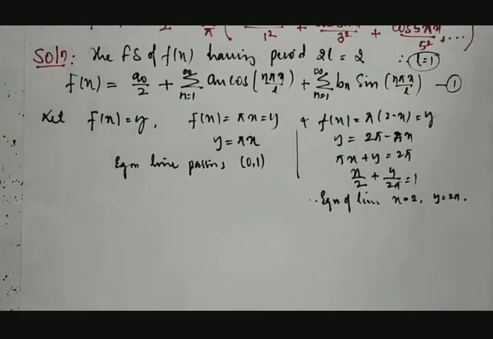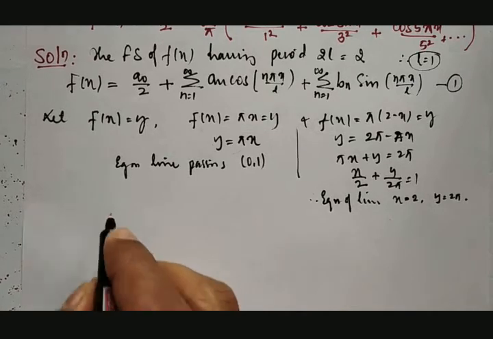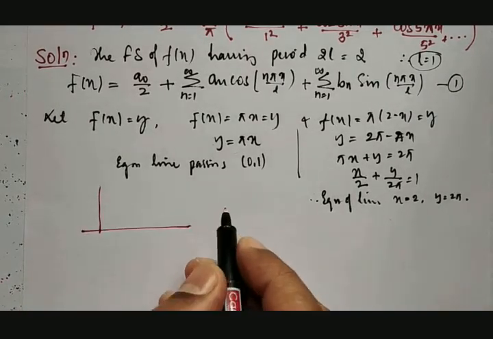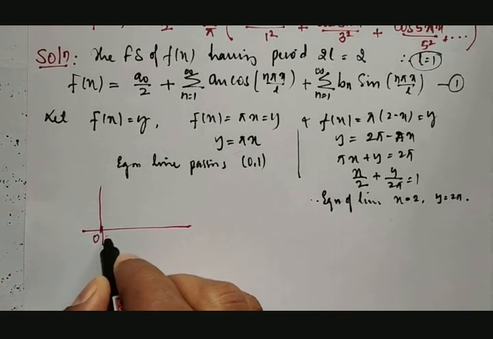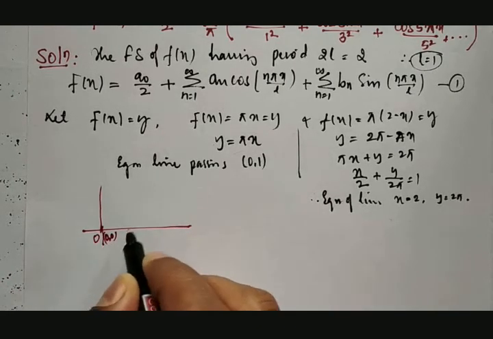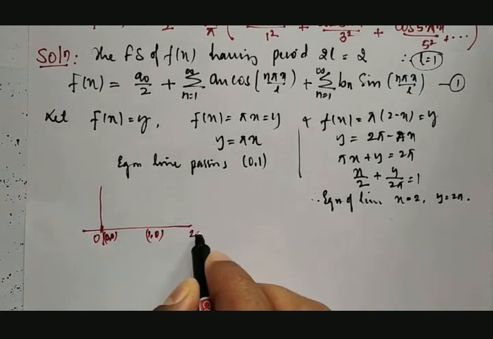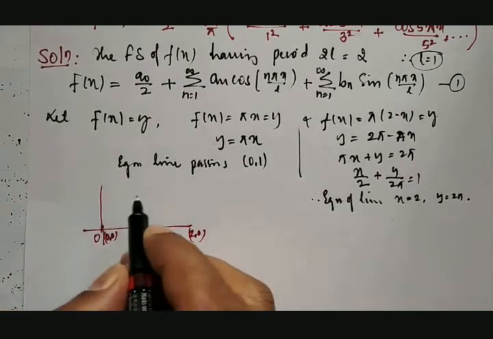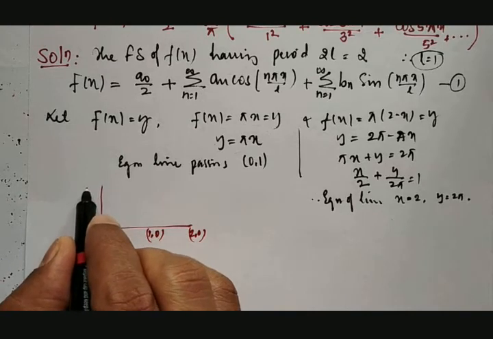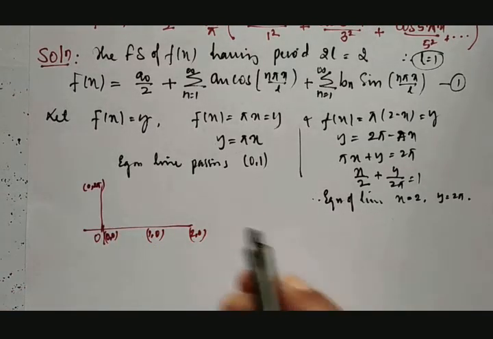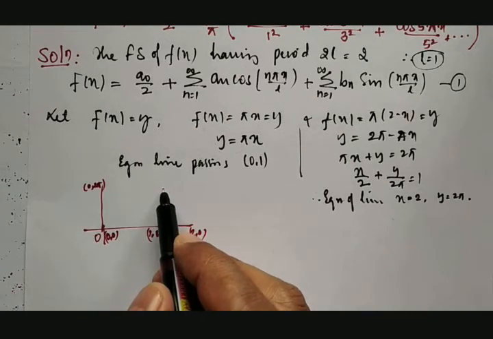Fine. Therefore, if I put a graph here, then what happens? I'll take the origin as 0, 0, here it will be 1, 0, and here it will be 2, 0. And on the y-axis we'll take 0, 2 pi.